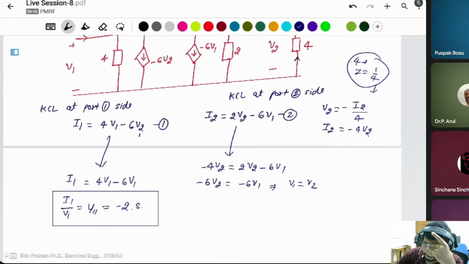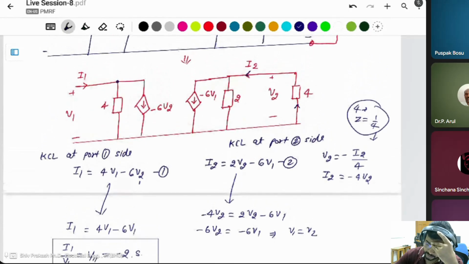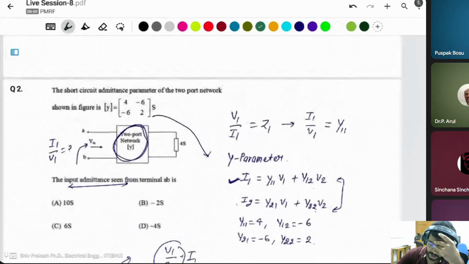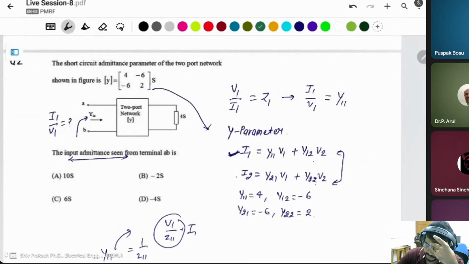Okay, and write this thing here. Simply, the circuit is given as a two-port network. The admittance matrix, you know the equation. From this equation, you have to draw a circuit of your own.